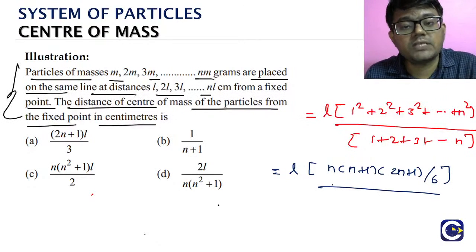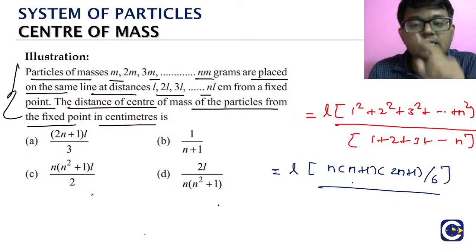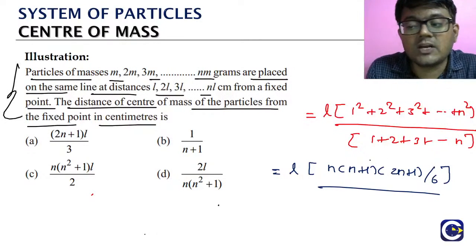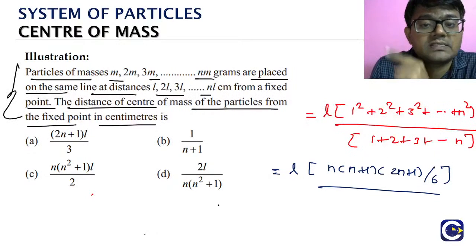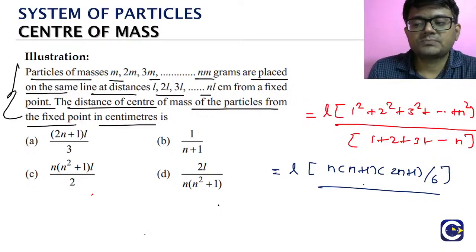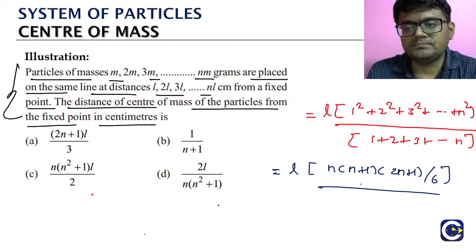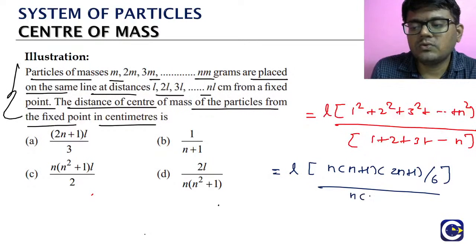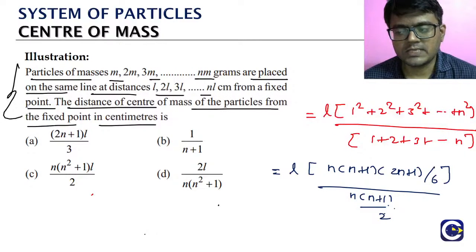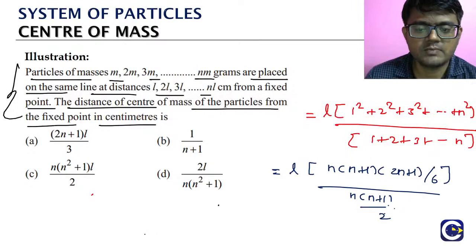That is the value of 1 square plus 2 square plus 3 square up to n square. In the denominator, what is 1 plus 2 plus 3 up to n? It is n into n plus 1 by 2.